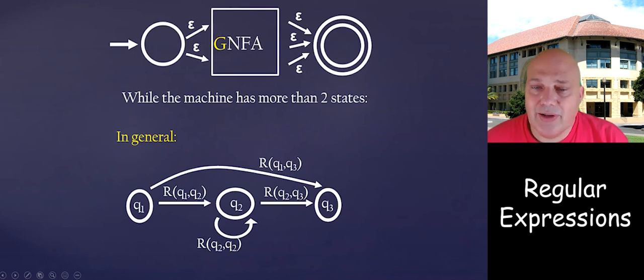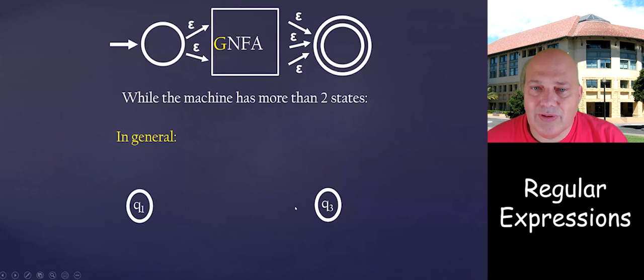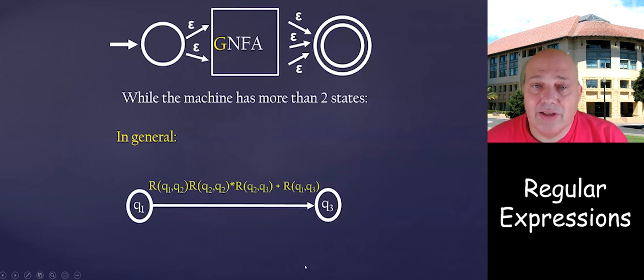So this will be replaced by this regular expression times this regular expression star times this regular expression. So it's R that goes from Q1 to Q2, and then R that has all the regular expressions that stay put, star, and the one from Q2 to Q3, plus the one that went directly. And we'll do it for every two remaining vertices.